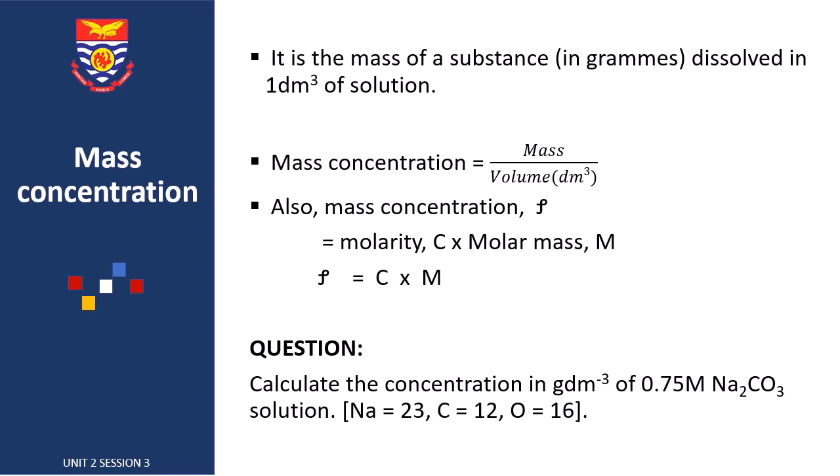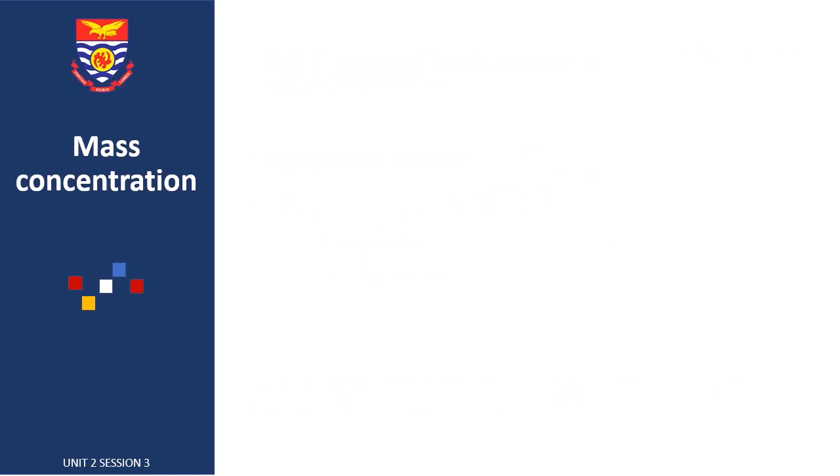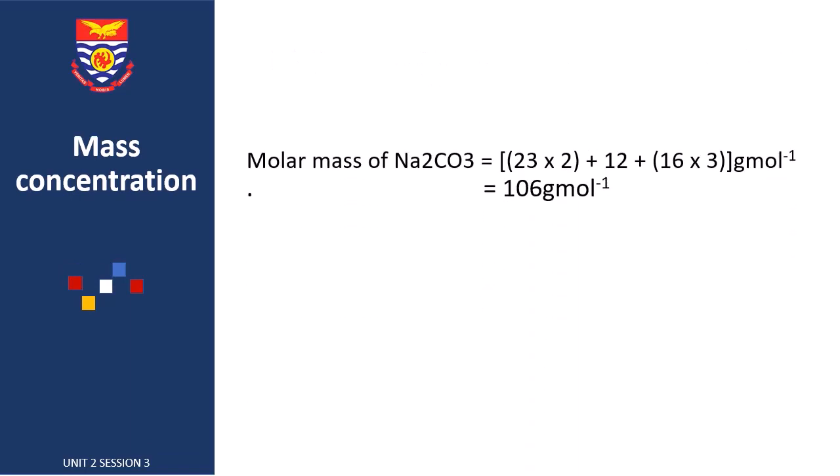There is a problem here for us to try our hands on: to find the mass concentration of a 0.75 molar sodium carbonate solution. If you remember, we said amount concentration can also be expressed in terms of molar. We have our relative atomic masses given. So we proceed to look at our answer.